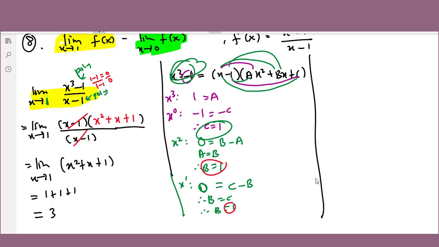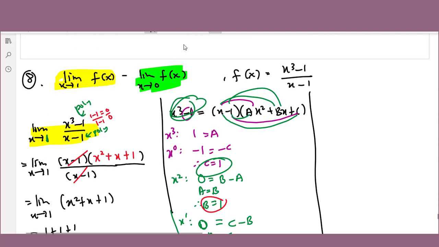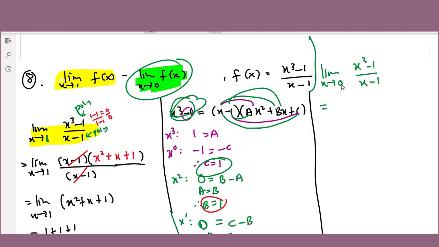Next, find the other one. This one, limit as x approaches 0, x cubed minus 1 over x minus 1. Substitute 0 minus 1 over 0 minus 1, which is equal to 1.